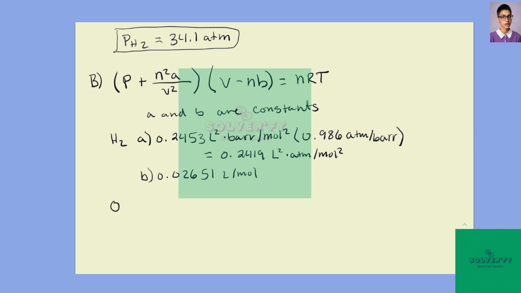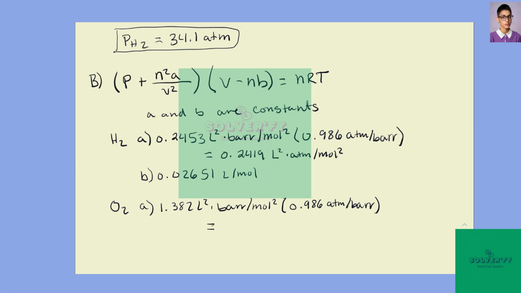All right, and then our O2 A value is going to be 1.382 liters squared bar per mole squared. Again, just going to times this by 0.986 atmosphere per bar, just to get it into units of atmosphere.